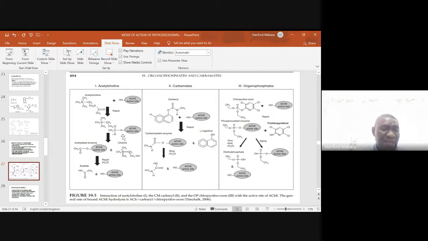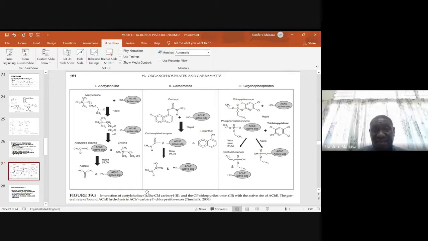Then afterwards, this can actually break very fast. But if you put a carbamate, the carbamate becomes part of the system. And this is a slow process to break down. This is what can kill the insect.